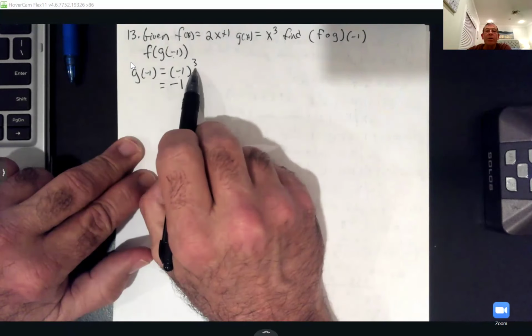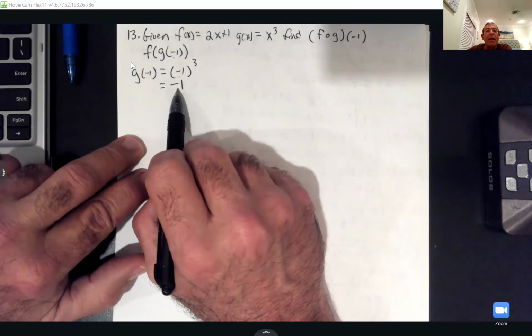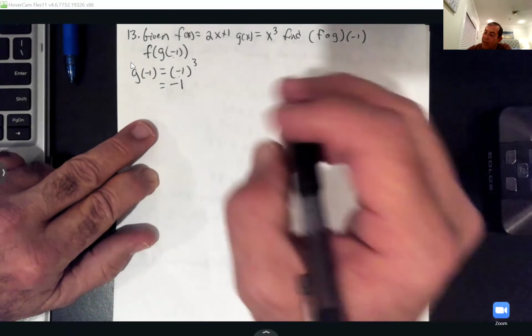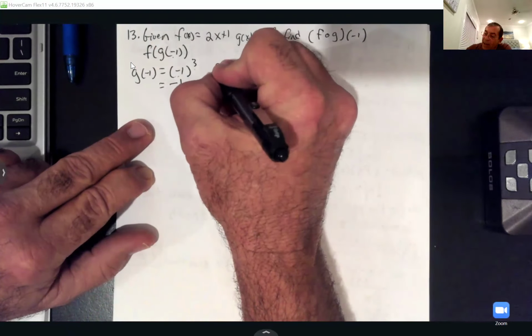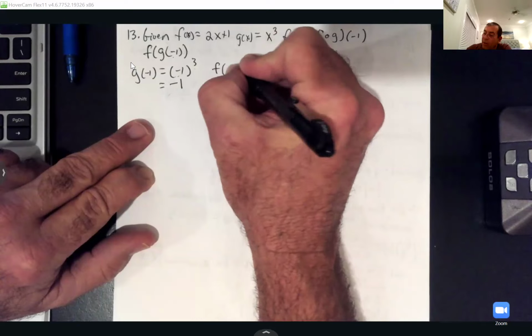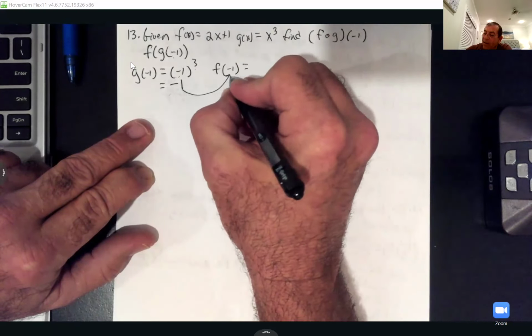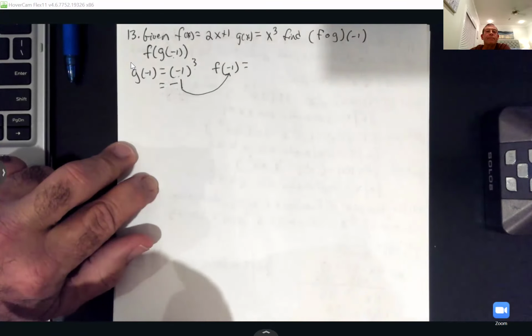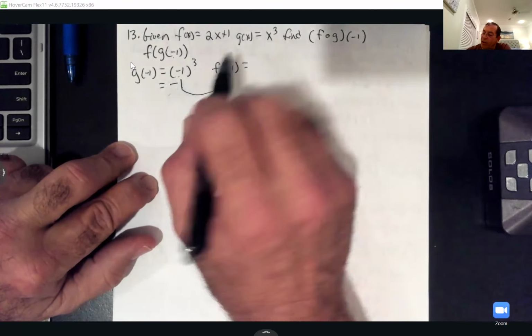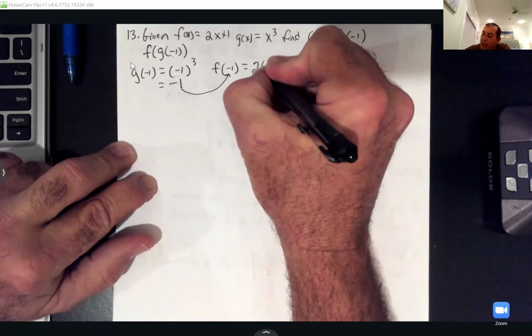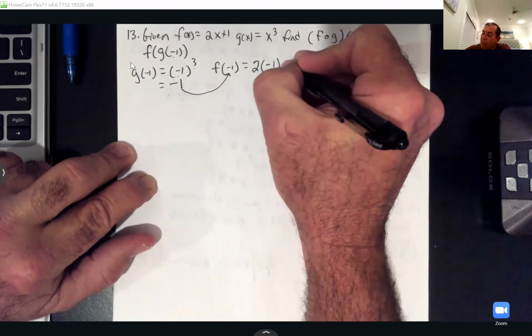So -1 to the third power gave me a -1. So that means we're now going to find f of that -1. So this -1 goes into the f now. And the f equation is 2 times -1 plus 1.